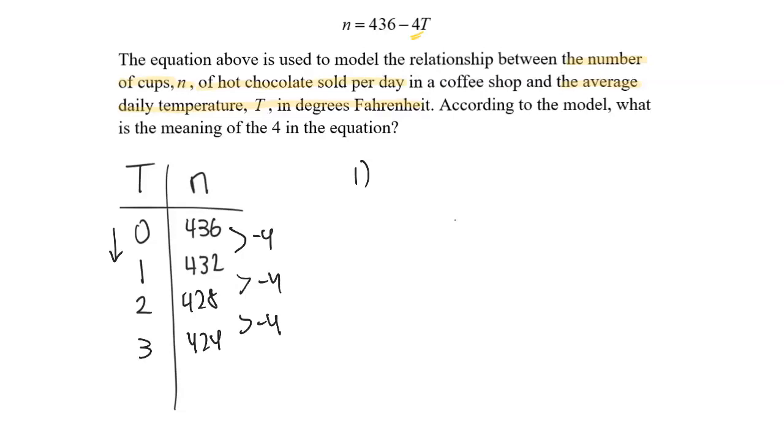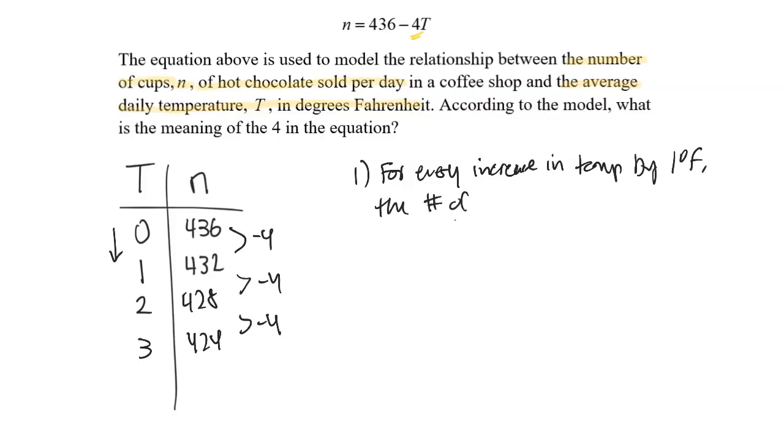And so what we would say is that for every increase in temperature by 1 degree Fahrenheit, the number of cups of hot chocolate decreases by 4. So that's one statement that we can make for this particular situation.